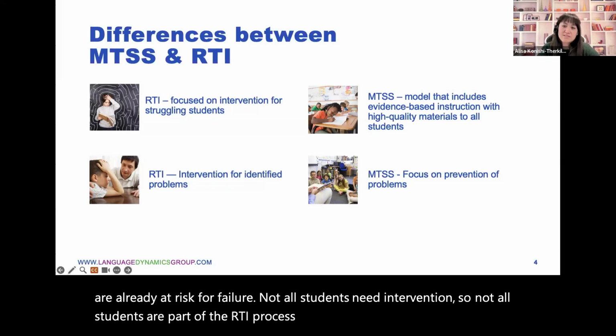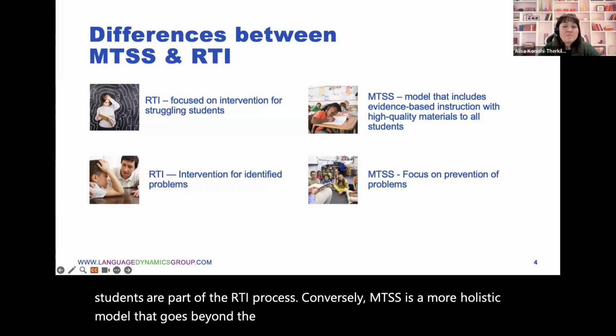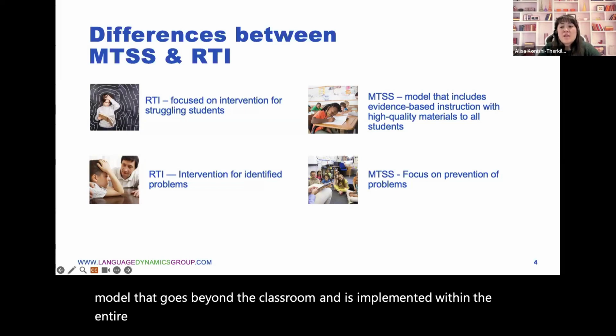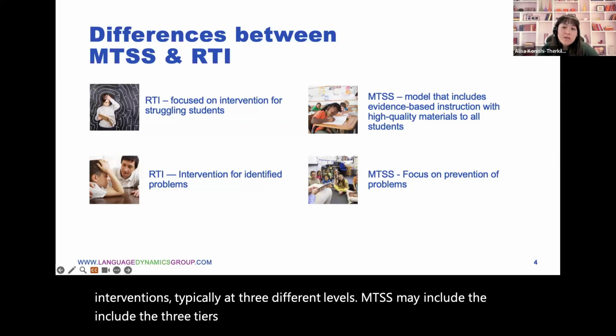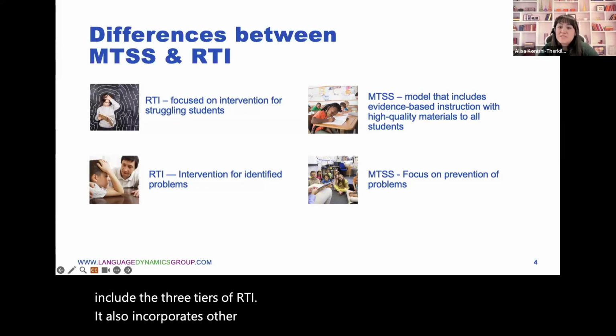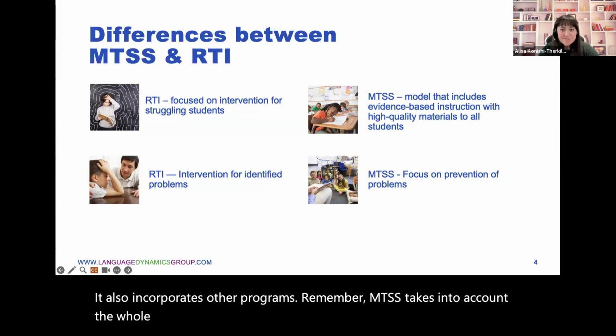Conversely, MTSS is a more holistic model that goes beyond the classroom and is implemented within the entire school. It focuses on providing high-quality instruction and interventions, typically at 3 different levels. MTSS may include the three tiers of RTI, but it also incorporates other programs. Remember, MTSS takes into account the whole student and every student.